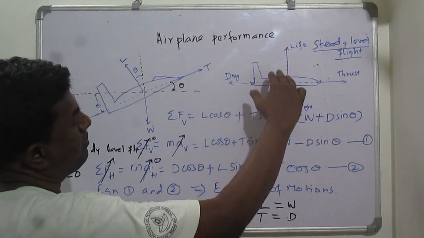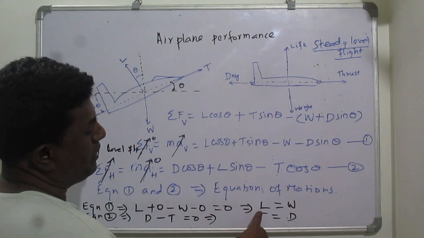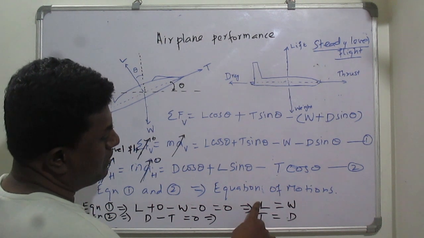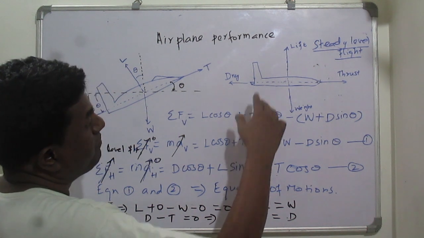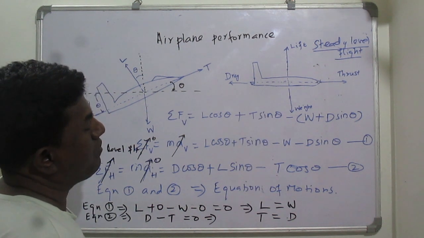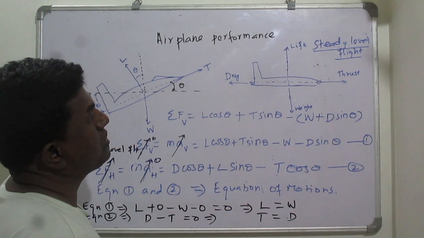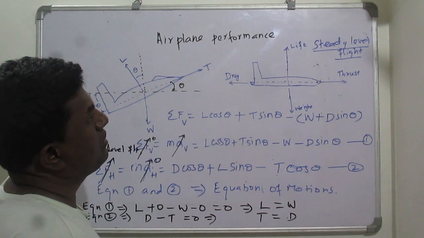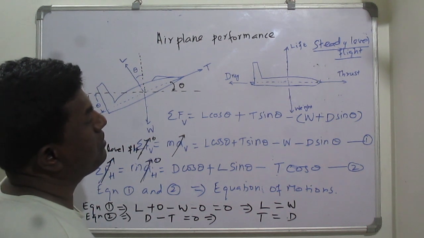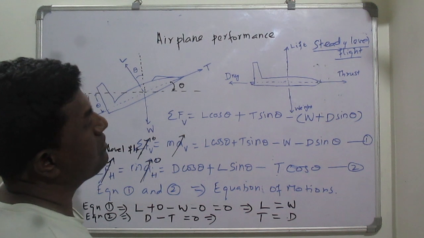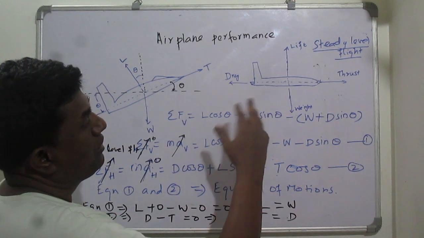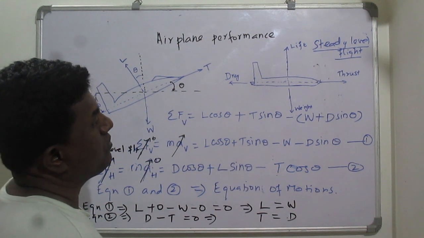So okay, when lift balances weight and thrust balances drag, how does the aircraft move forward? This is based on Newton's first law of motion, because if the object is at rest, it will continue to be at rest, or if the object is in motion, it will continue to be in motion, unless it is disturbed by any external forces.